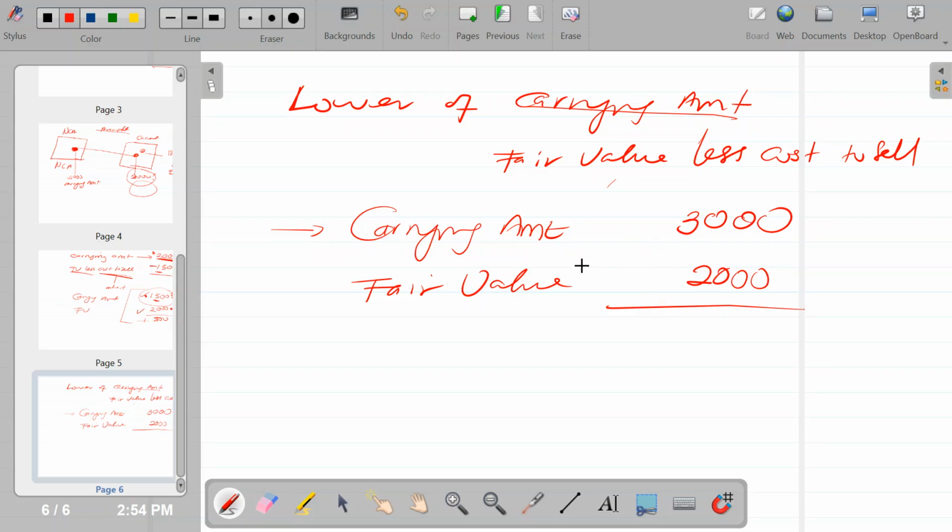So we'll pick the lower, which is 2,000. And the difference of 1,000 is what? Impairment.